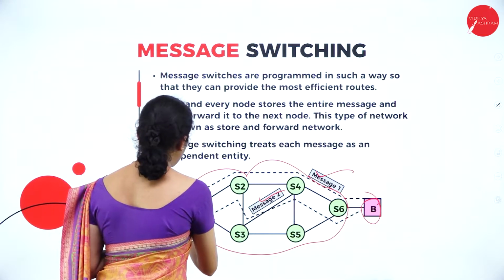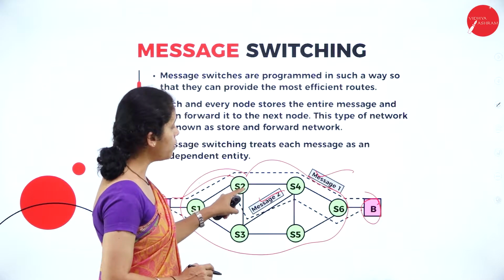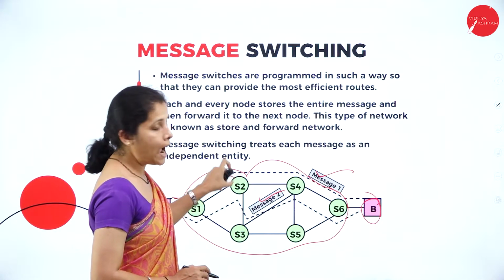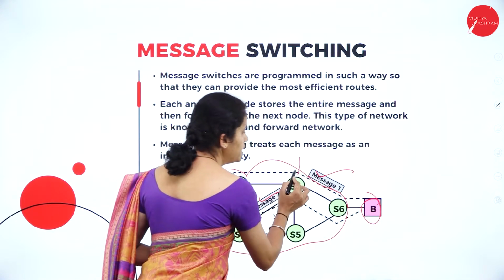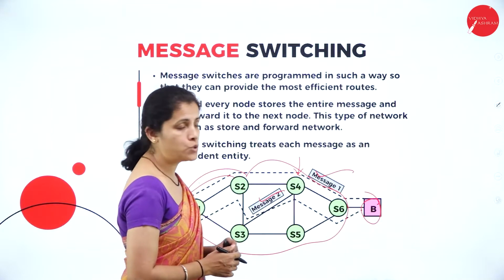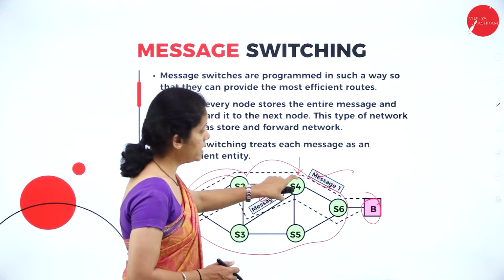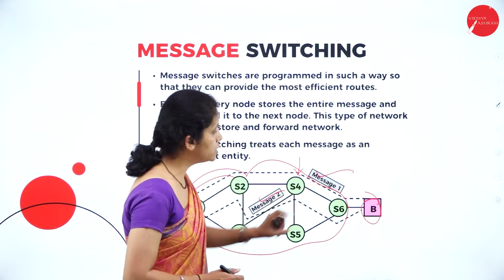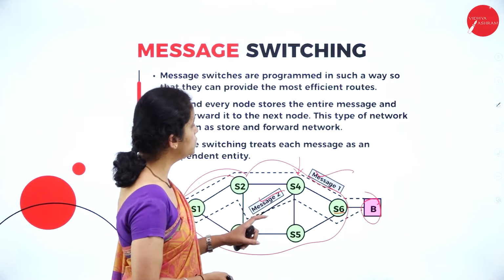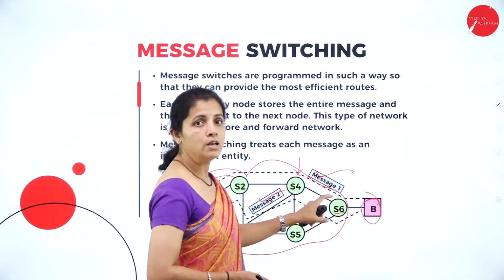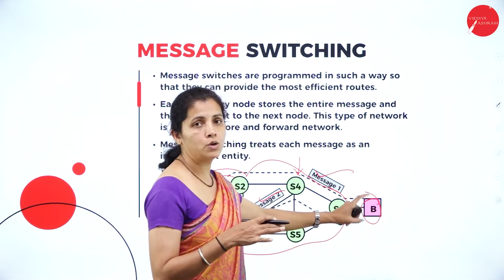A sends the data to S1. S1 is responsible for storing the data and forwarding that message to D. D receives message 1, stores it in its memory, and forwards it to S6. S6 receives message 1, stores it and forwards it to B.